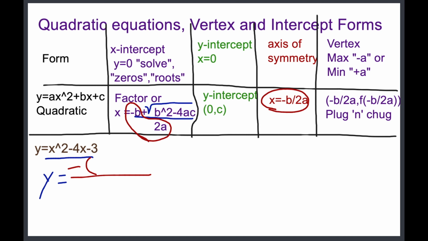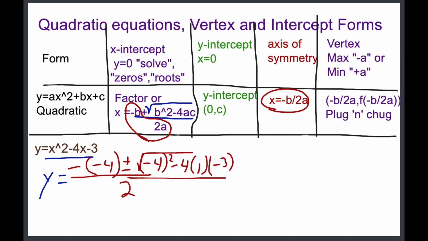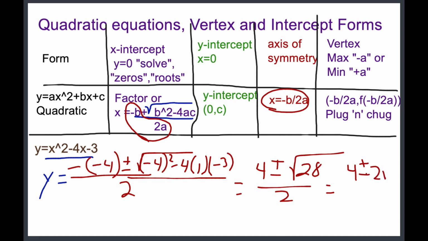First I plug in my b, which is a negative 4, plus or minus the square root of b, which is negative 4 squared, minus 4 times a times c, all over 2. So this gives me 4 plus or minus the square root of 16 plus 12 is 28 over 2. 28 reduces to 2 times radical 7 over 2.